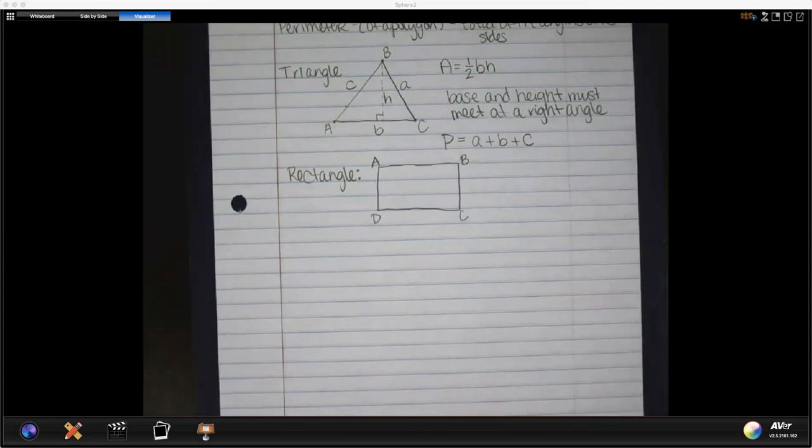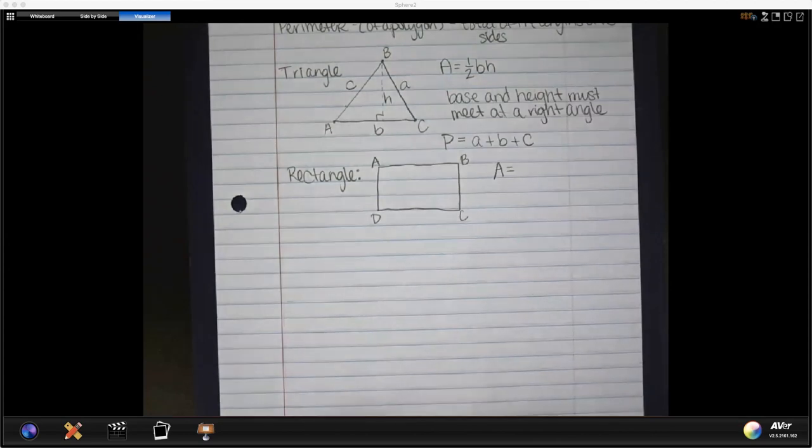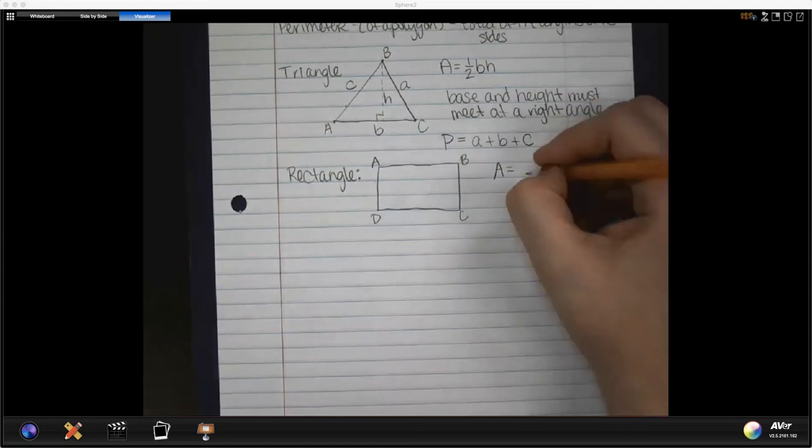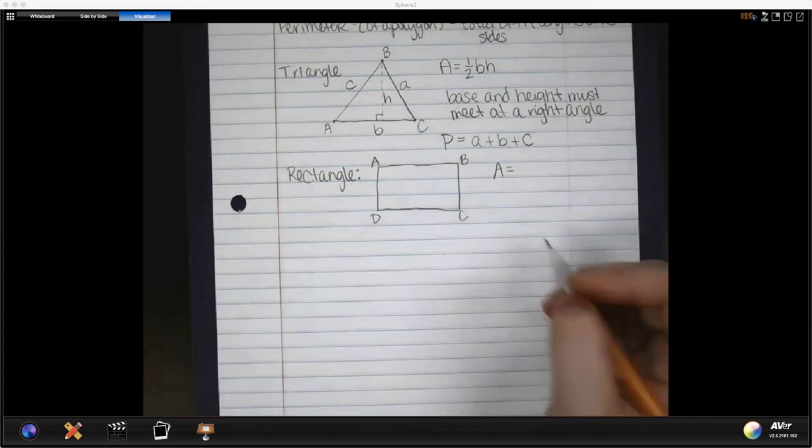That's why I'm like, yes, I know what you're trying to say, but no. We'll talk about specifics about quadrilaterals in another unit, but all right, so with a rectangle, what is my area going to be? Yep, it's not like base times height or length times width. So it's however you want to think. You can think of it as base times height, or you can think of it as length times width.